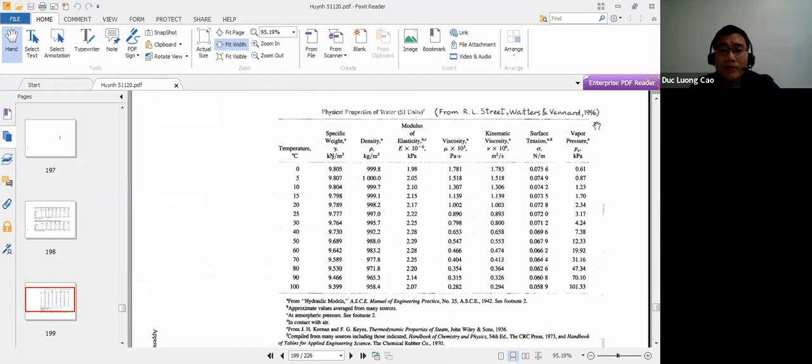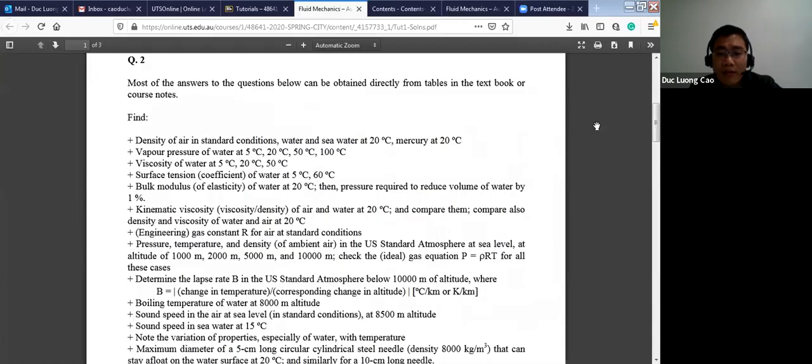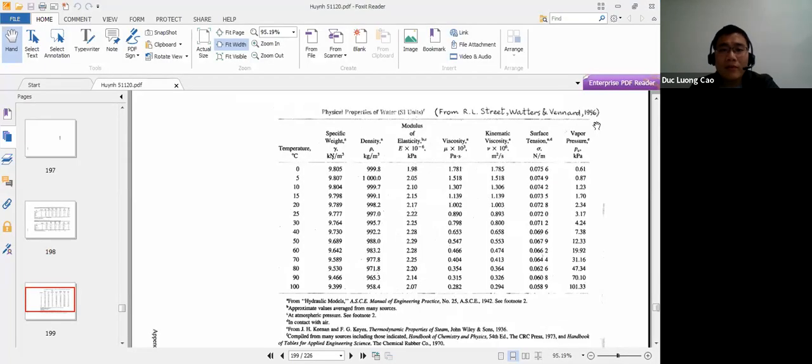Okay, so vapor pressure at the temperature 100 Celsius is 101.3 kPa. The question asks you at 5, 20, and 50, okay? At 5, it is 0.87 kPa.